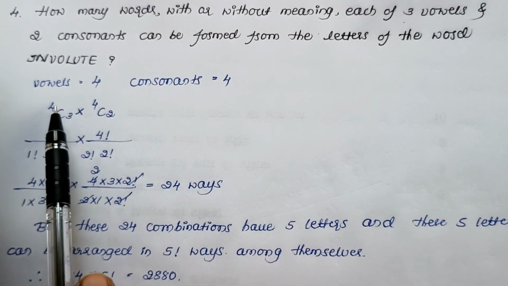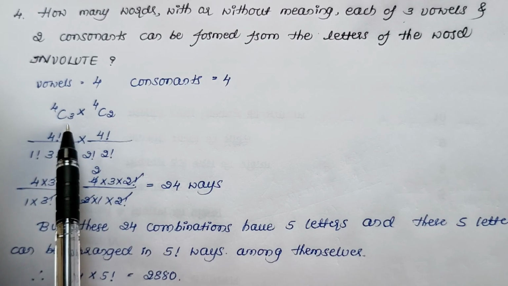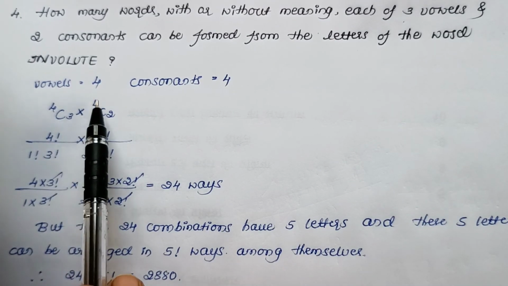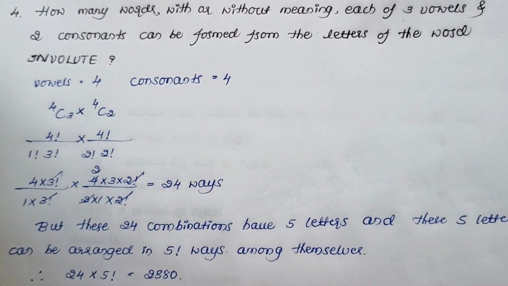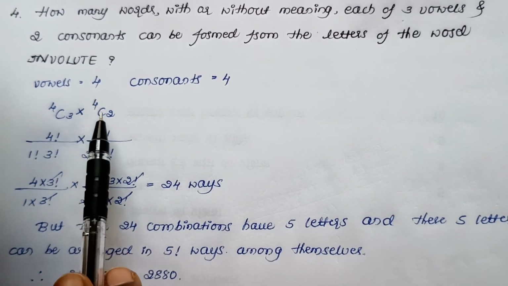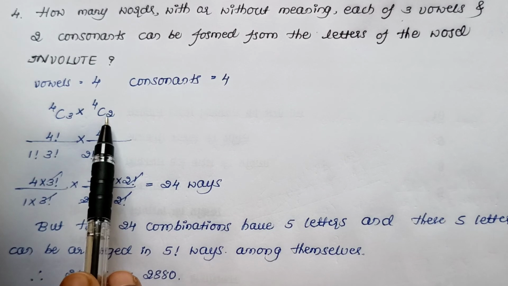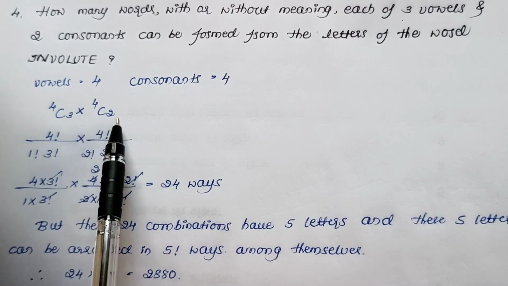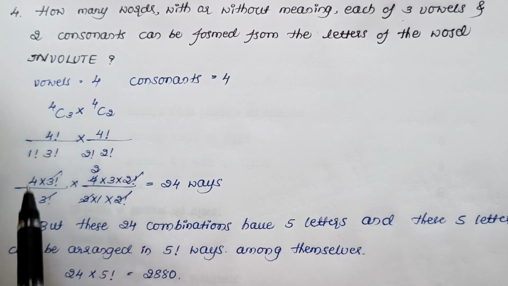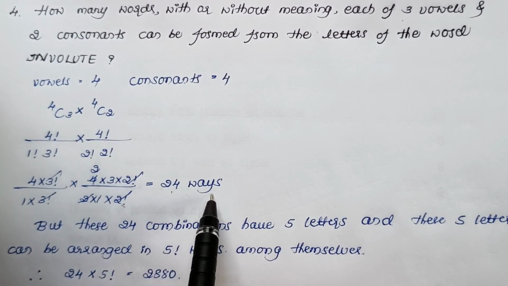So out of 4 vowels, 3 vowels are taken, and out of 4 consonants, 2 consonants are taken. So this is 4C3 into 4C2 combinations. So you get 24 ways.